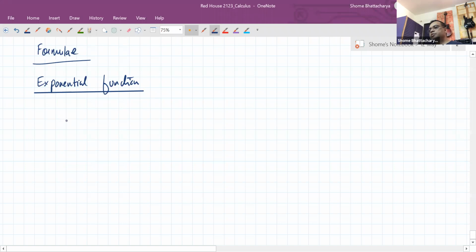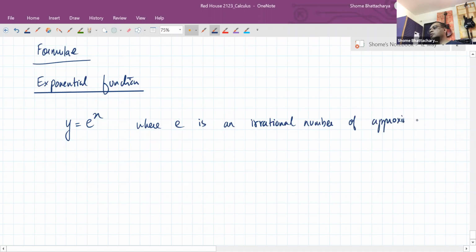This function is given by the formula y is equal to e raised to the power x, where e is an irrational number, which means that it's a non-terminating, non-recurring decimal, of approximate value 2.7.